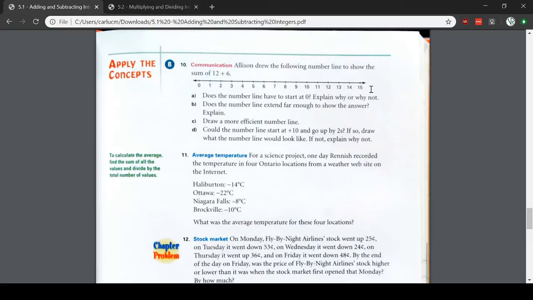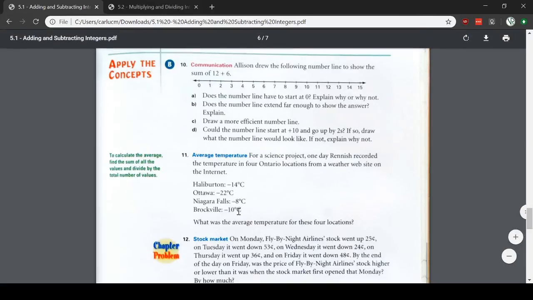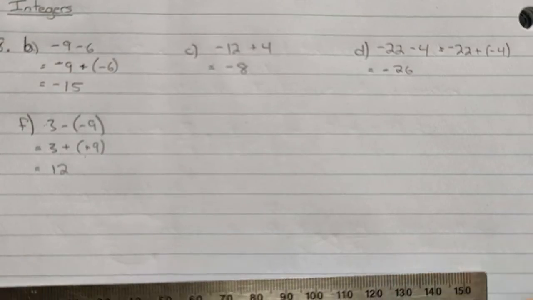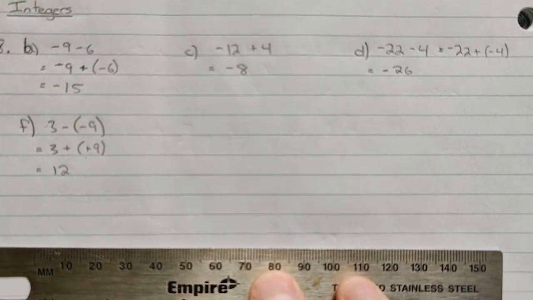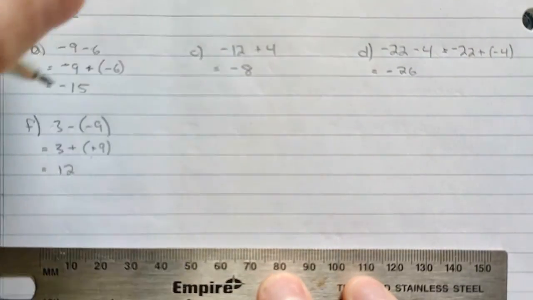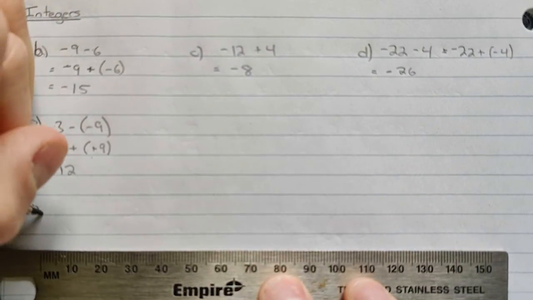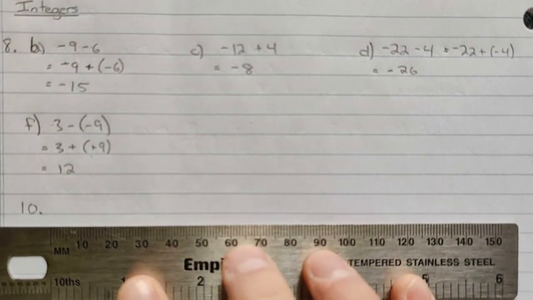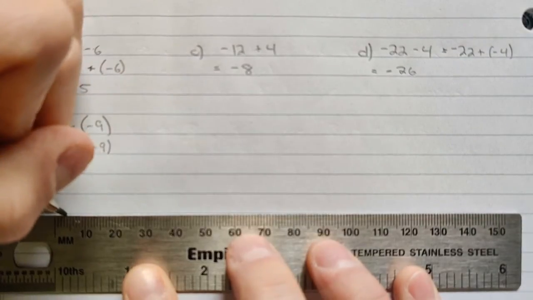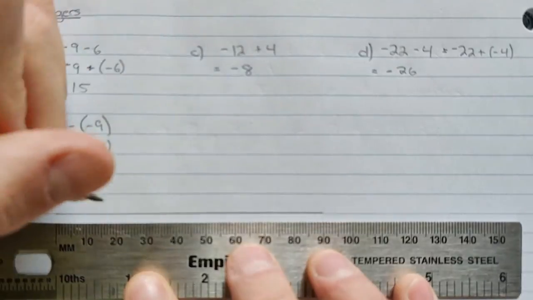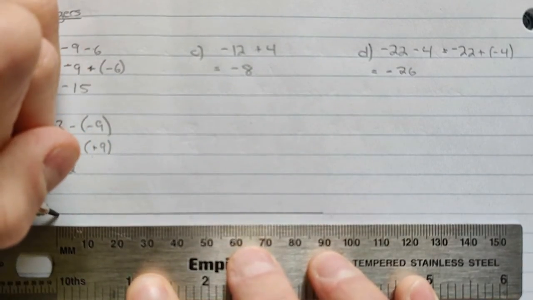So to draw that more efficient number line, let's do that. So in the case of number 10, that more efficient number line would be maybe starting, so she could start at 12 or 10 or 11.